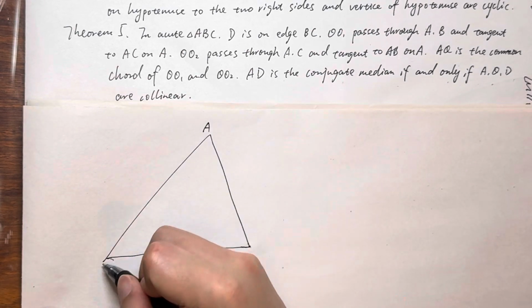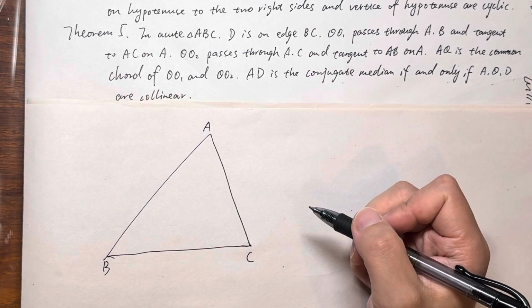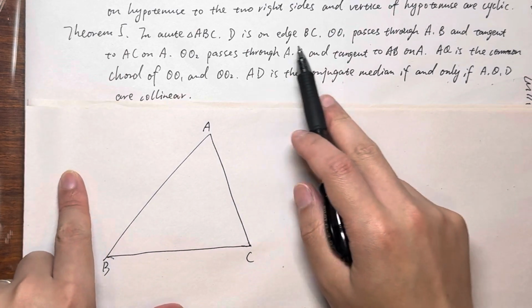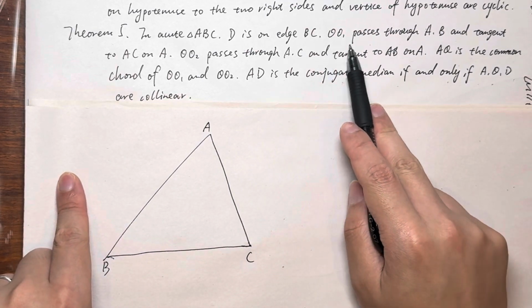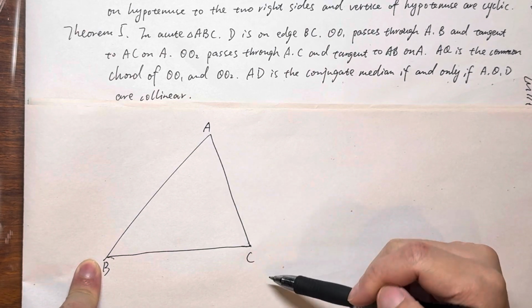Okay, A, B, C here. And we already know that circle O1 passes through AB and is tangent to AC.